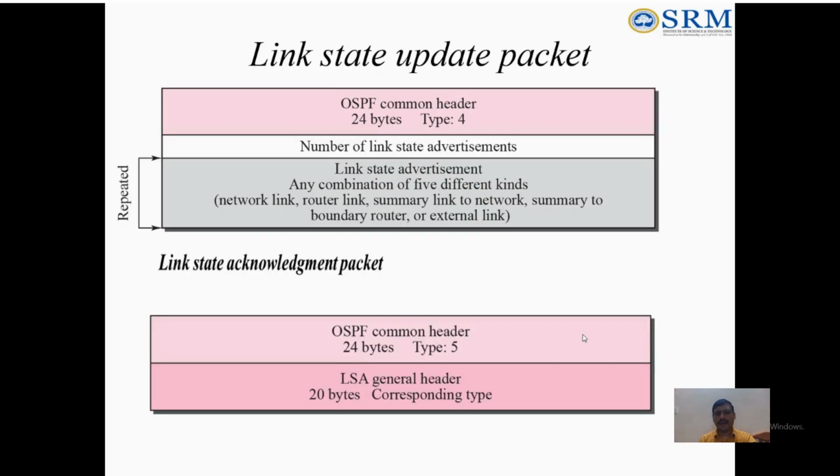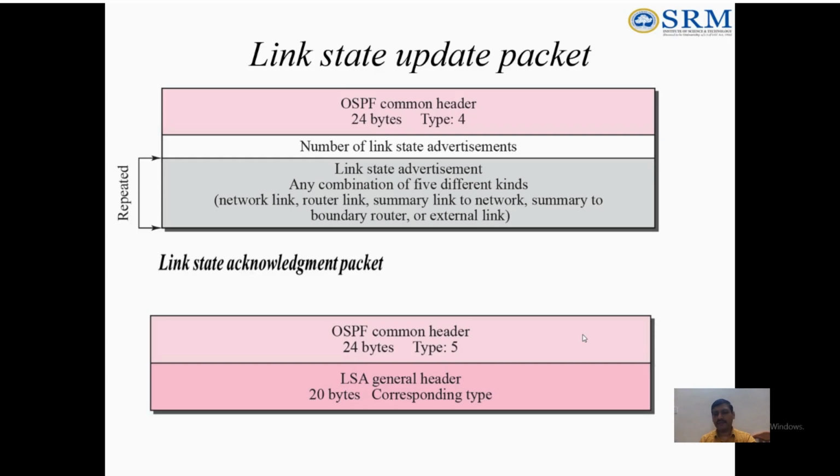Link state update packet. OSPF common header, then type, which will be 4. Number of link state advertisements, how many advertisements we are doing. The link state advertisement is any combination of 5 different kinds: network link, router link, summary link to a network, summary link to a boundary, or external link. Then we have the link state acknowledgement packet. OSPF common header, it's 24 bytes.